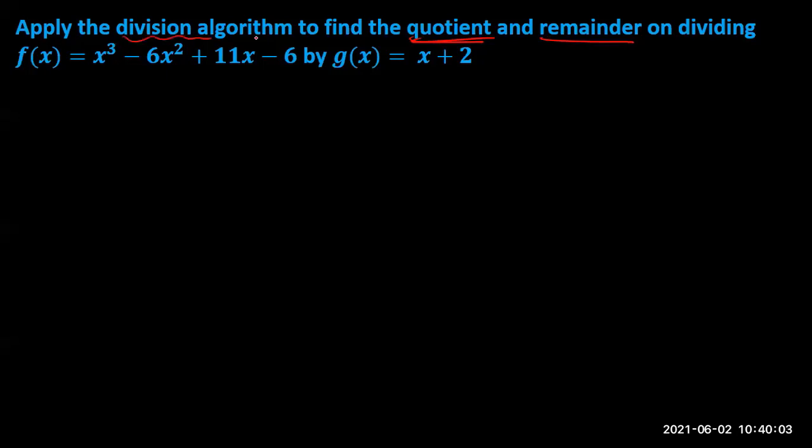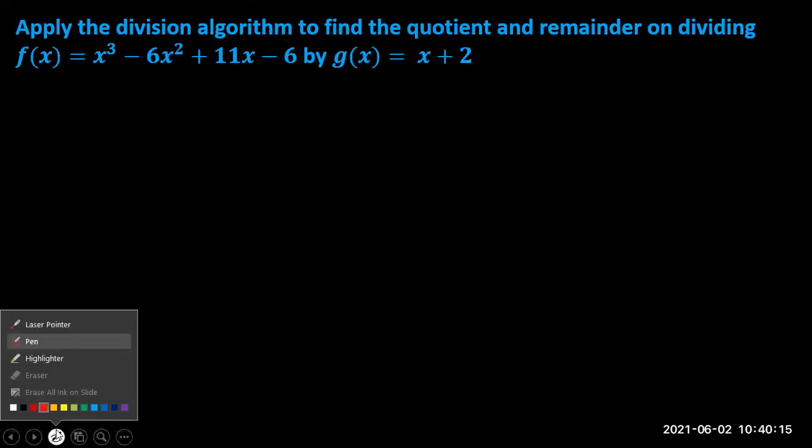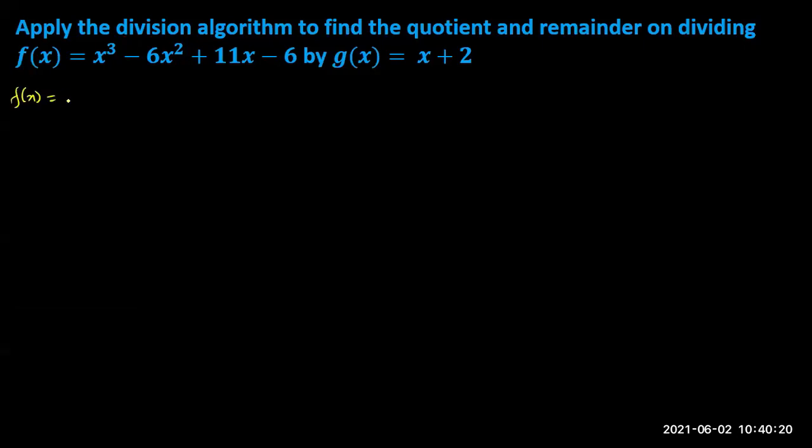Apply division algorithm, they mentioned. So the algorithm only you need to mention and do it there. First we will write the given polynomial, that is f of x. f of x is equal to x cube minus 6x square plus 11x minus 6.